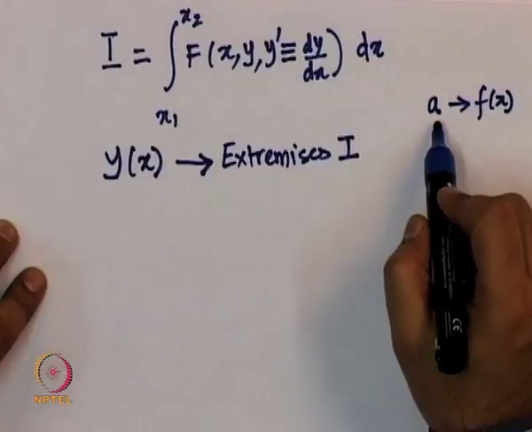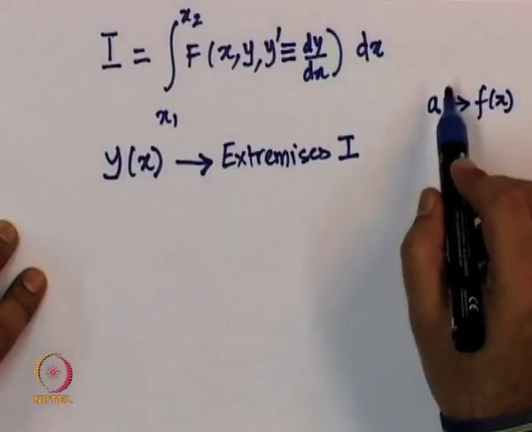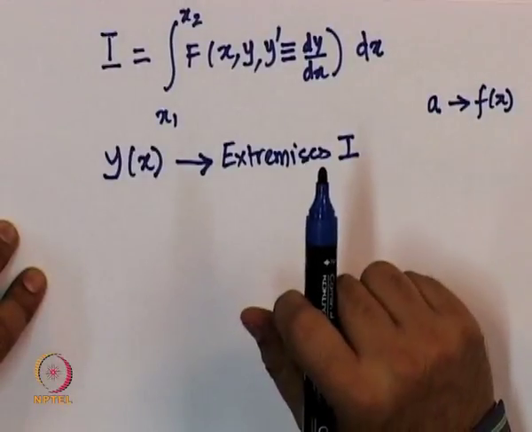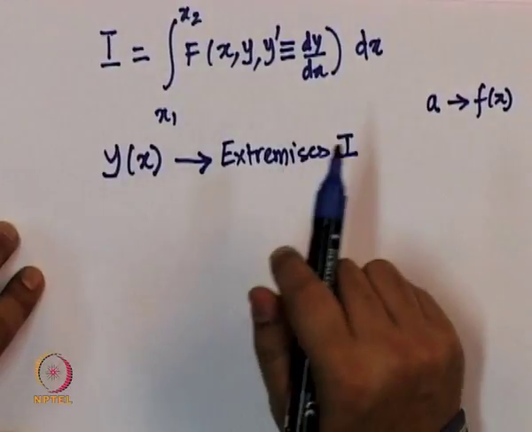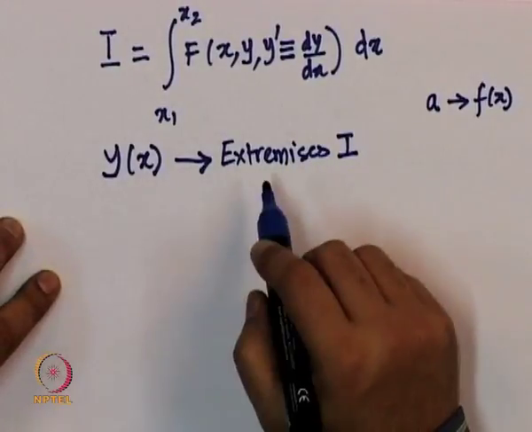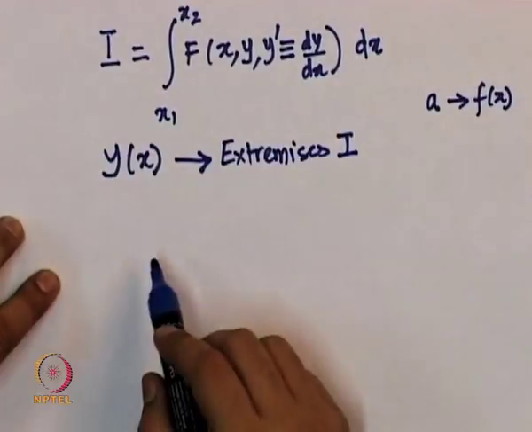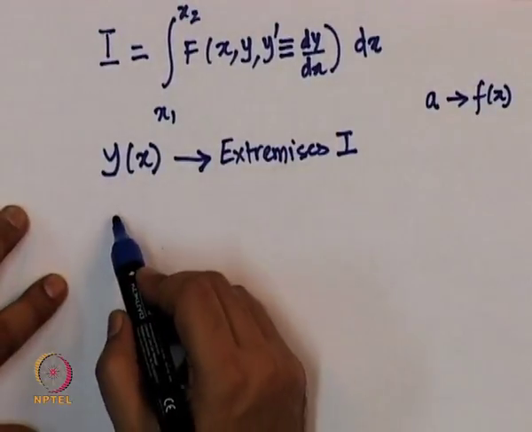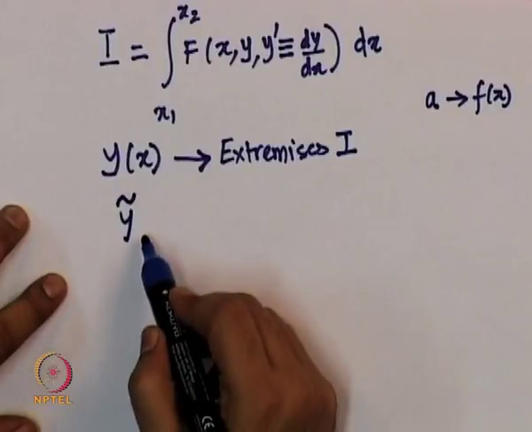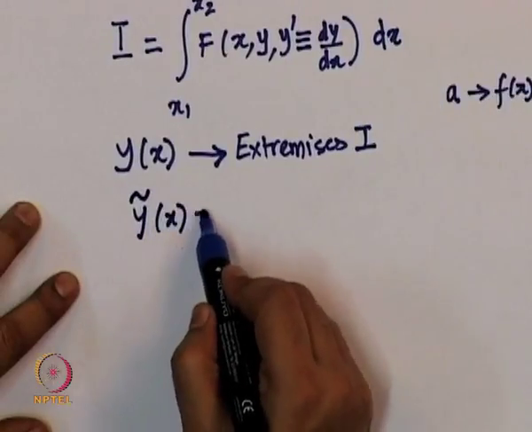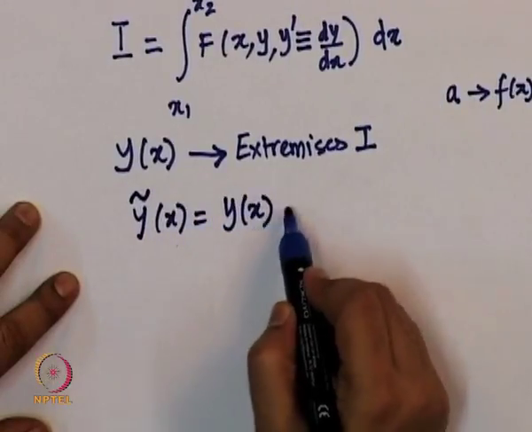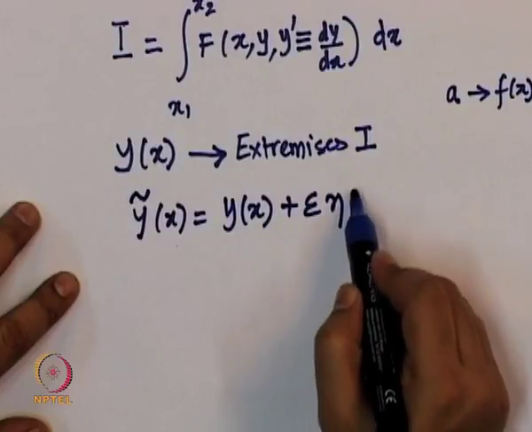Now, like we said that about A you have to choose points x within an admissible range, I am going to define an admissible set of functions which I will look at to find out how to optimize this. How do I define these admissible functions? I define them as y tilde of x is nothing but y of x plus epsilon times some eta of x.